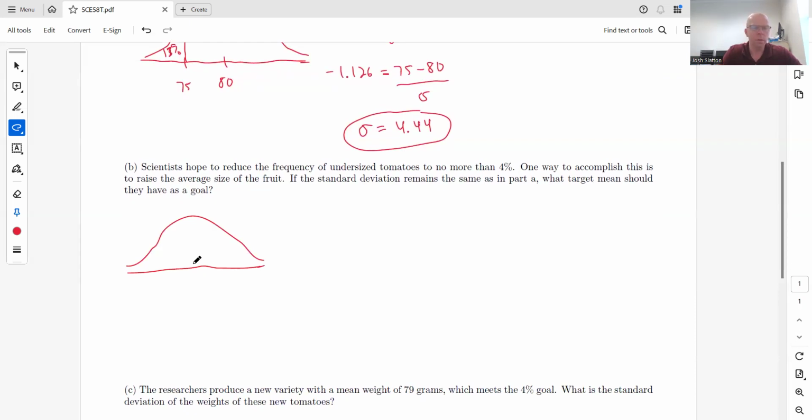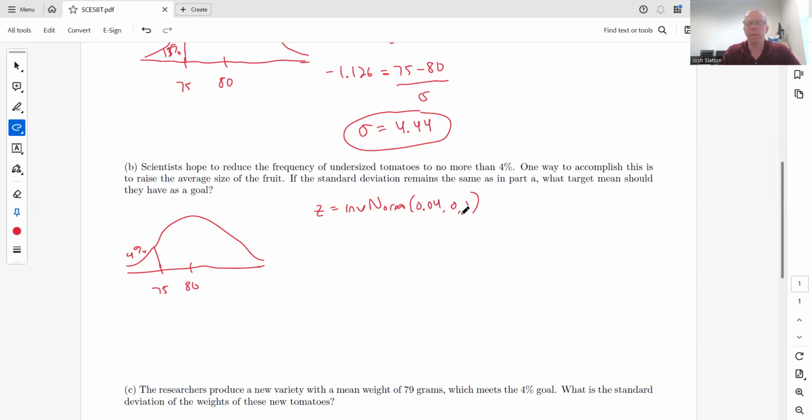We still have the 80 and the 75, but now we want this area to be 4% instead of 13%. So now we need to find the z-score where 4% are less than 75. We're going to do the same thing, but now we're going to use 0.04 in the standard normal model.